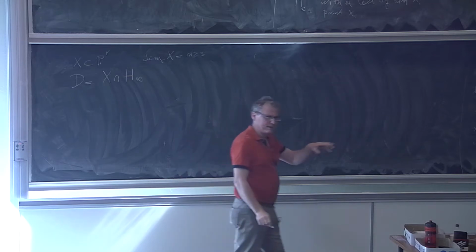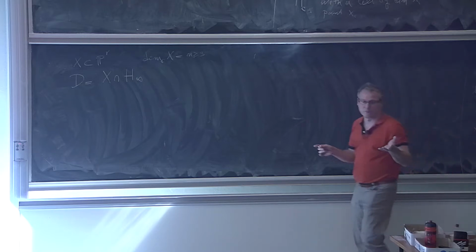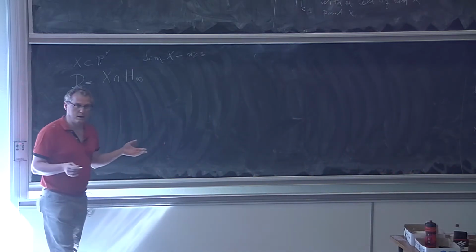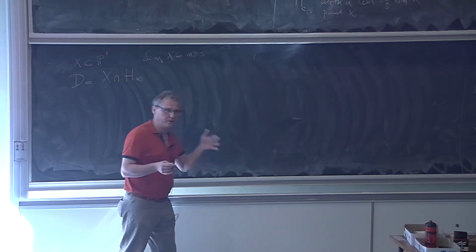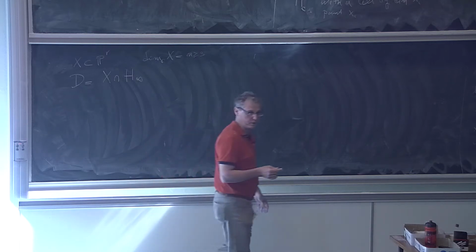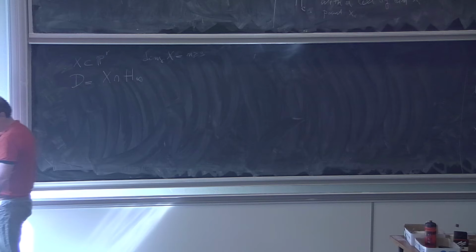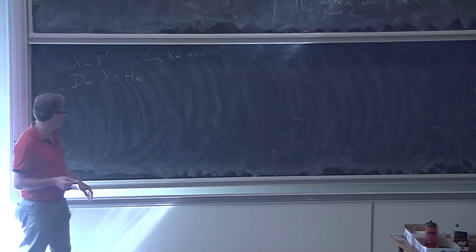When I said very ample instead of ample, it is not really a restriction, because a multiple of D will have this property. And the fundamental group of a multiple of schemes does not change the scheme.